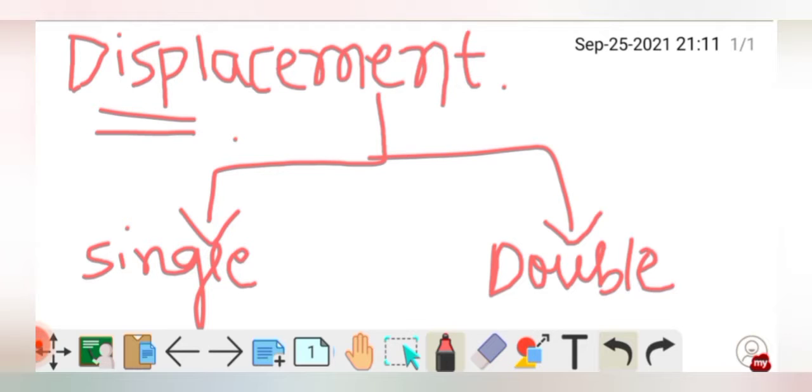Okay, in single displacement reaction, first I will tell you the example, and with the example I'll explain you the definition.